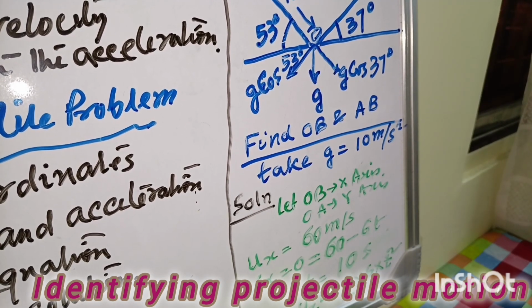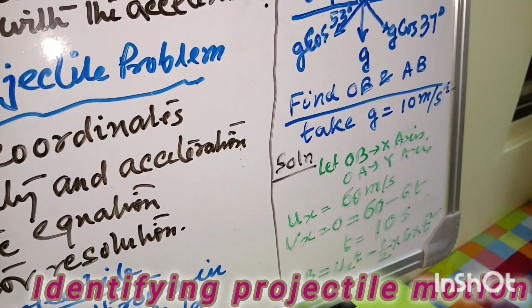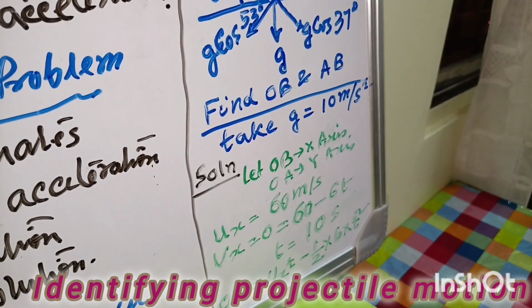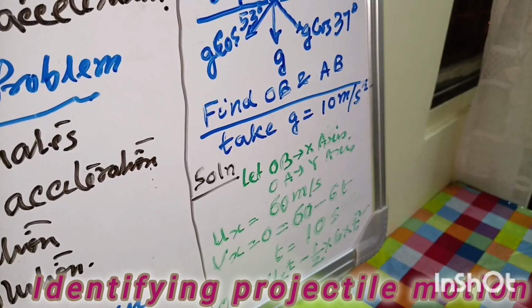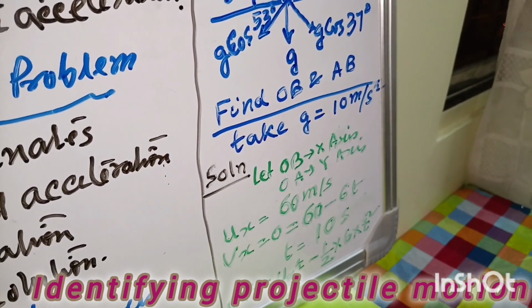By solving this we get t equal to 10 seconds. Now with this 10 seconds, we can find OB by using s equals ut minus half at squared, meaning ux into t minus half into g cos 53 into t squared. By this we can find OB, and if we find OA and OB, we can find AB also.